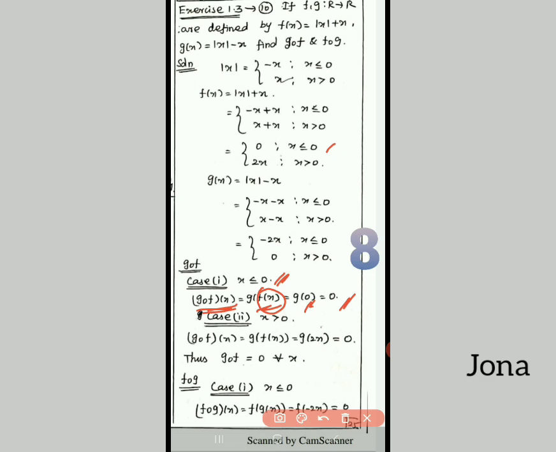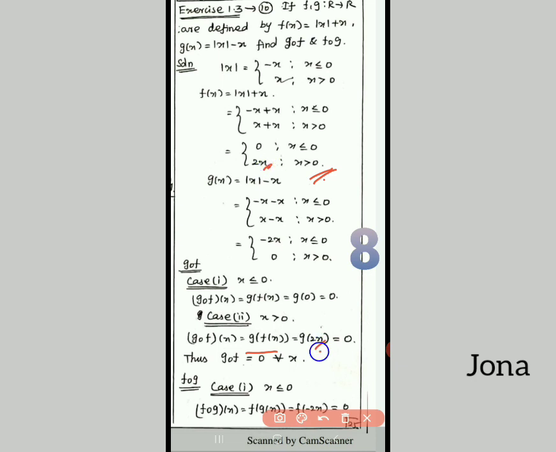Okay. Now let me come to the second condition, x greater than 0. So g dot f of x, we can write like this, g of f of x. In that f of x, what do we have for x greater than 0? 2x.